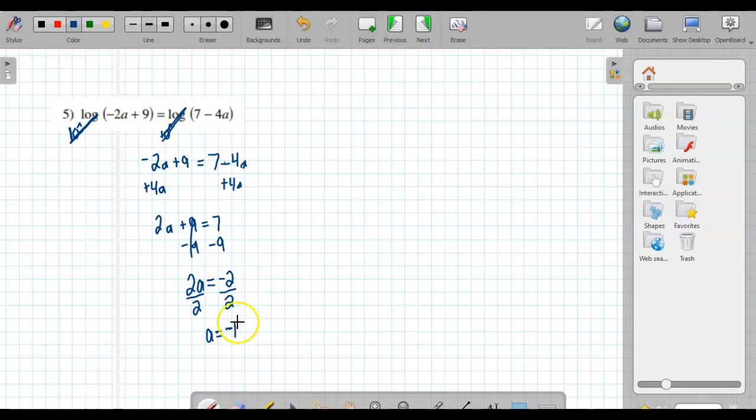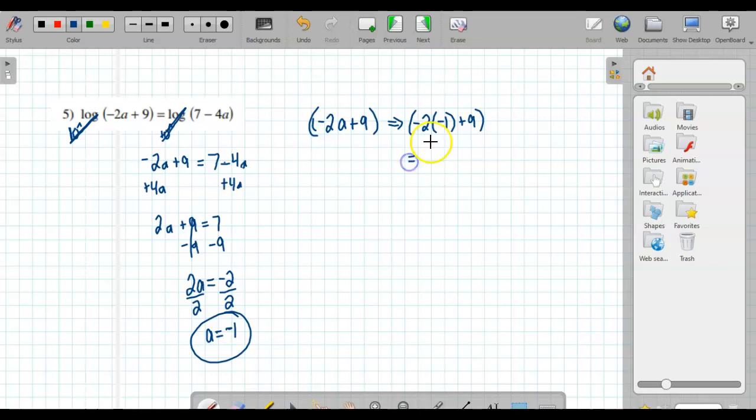negative 1. Now, that answer may seem a little bit alarming because I said that we cannot take a log of 0 or a negative number. So if we look back up here, if we plug in negative 1 into negative 2a plus 9, that's going to be negative 2 times negative 1 plus 9.